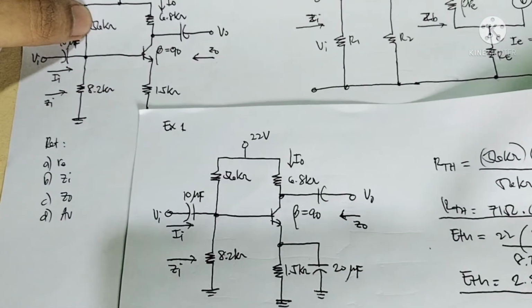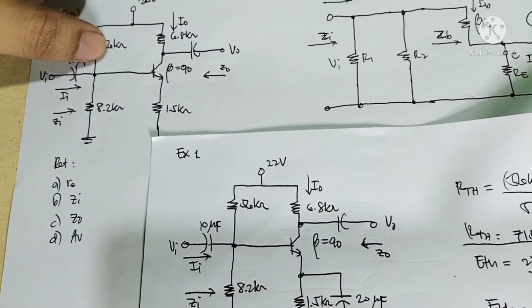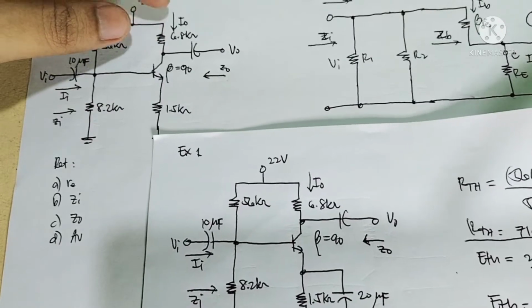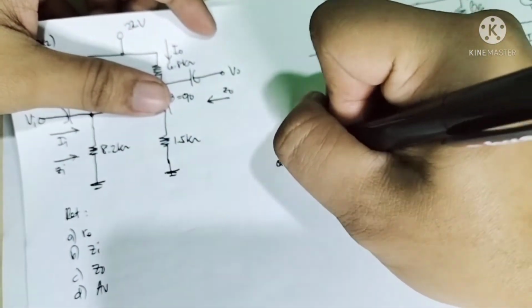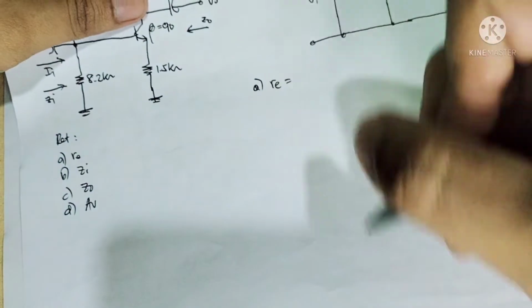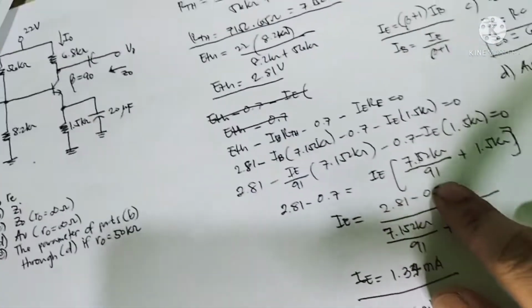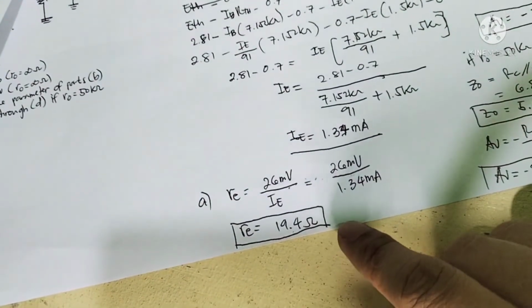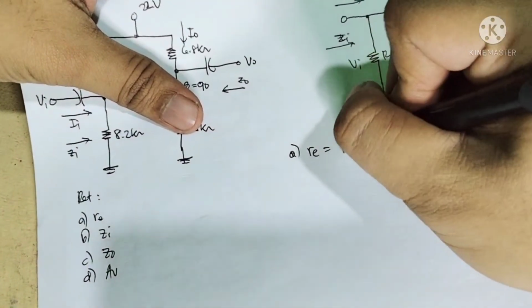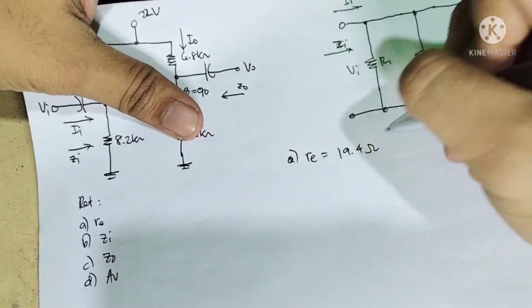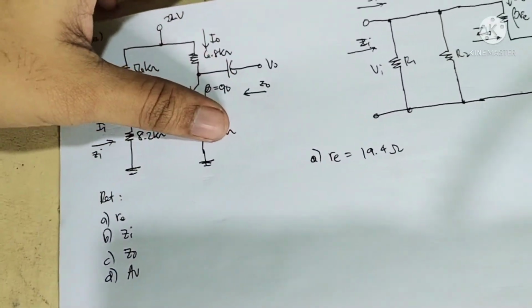Since we have the same parameters, R1, R2, RE, and RC, the r sub e will be the same as our previous example, 19.4, which was calculated in the previous example with the bypass capacitor. So therefore r sub e is 19.4 ohms.